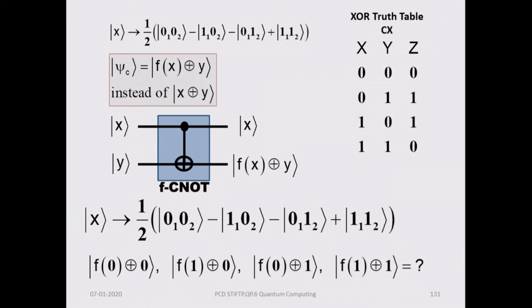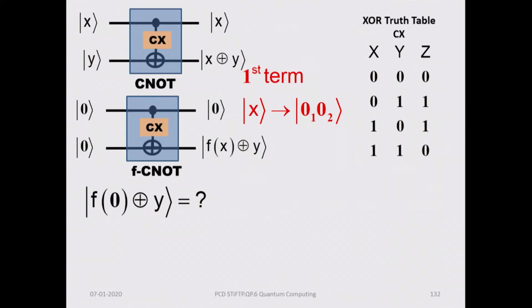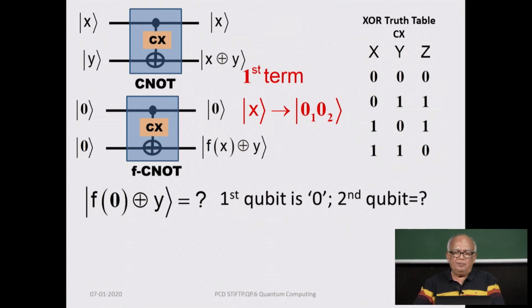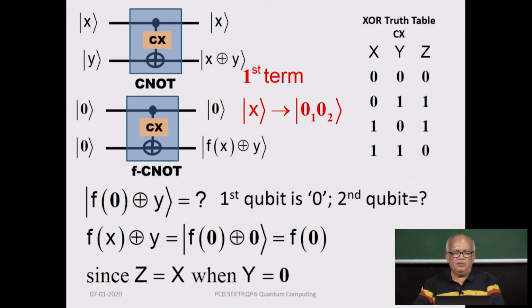And you know what is what from the XOR truth table. So, this is the exclusive OR truth table of Boolean algebra, right. And let us have a look at the first term. x is 0 0. You are asking what is f(x) XOR y. So, what is f0 XOR 0, right, that is what you are asking. So, x is 0, first qubit is 0, you are now going to ask what the second qubit will be.